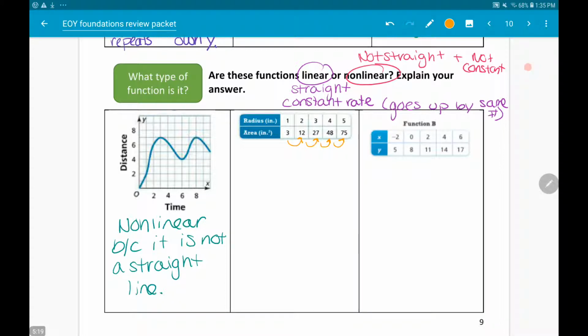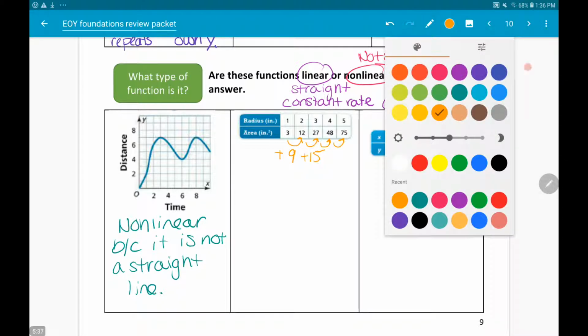Alright, so 3 plus 9 gets you 12. 12 plus 15 gets you 27. Are those the same?